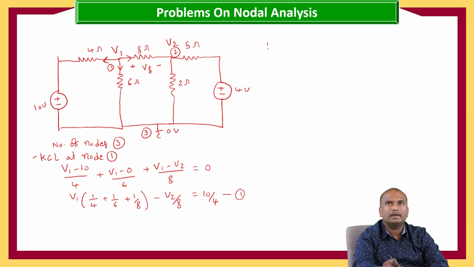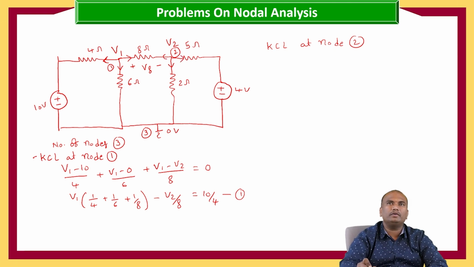Now KCL at node 2. Again, all the currents are leaving from the node.